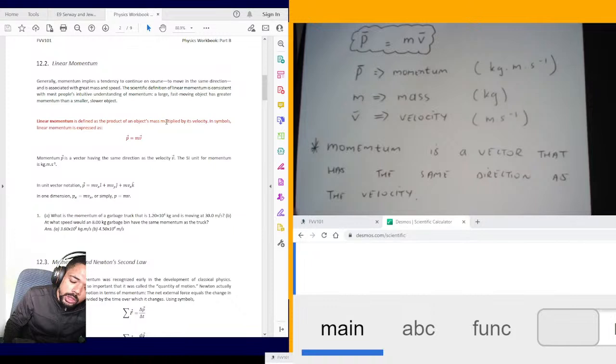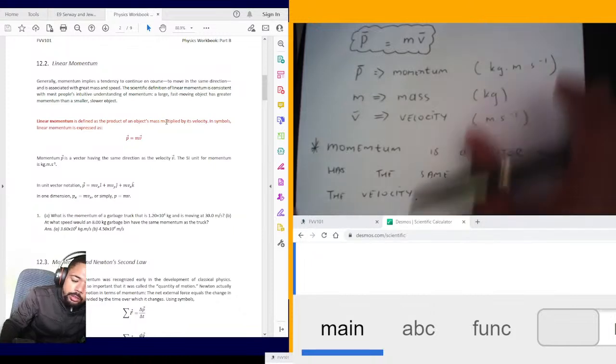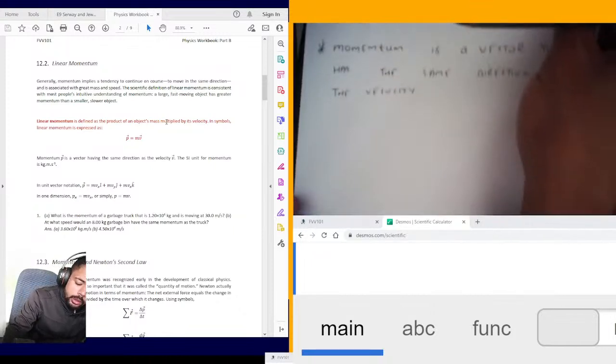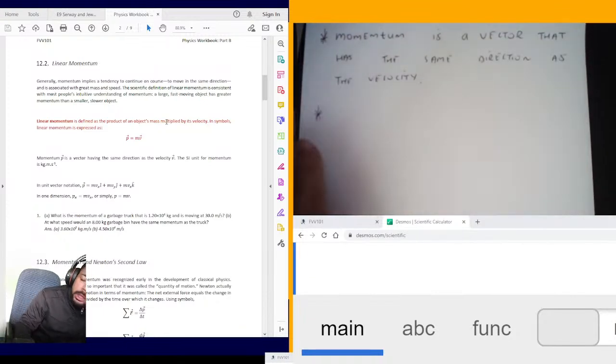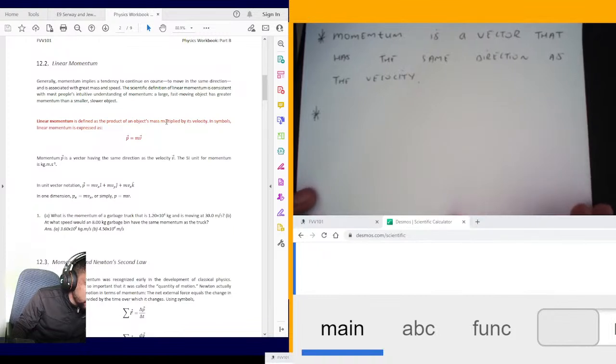Now momentum can also be written in unit vector notation. This page is just rehashing some stuff that you should know.